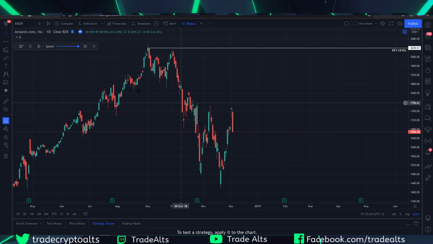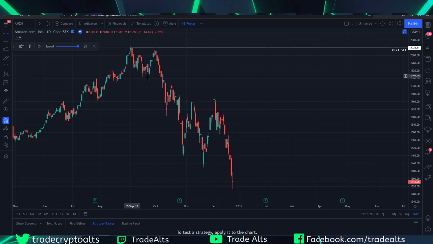Price continues. So you can see already, price came up really, really close to this resistance level and pushed off all the way down to $1,300. So you went from over $2,000 all the way down to $1,300. So let's see what happens.